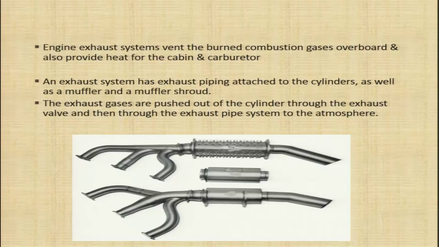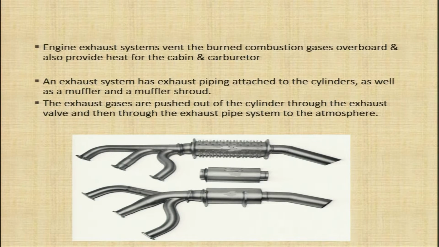Engine exhaust systems vent the burnt combustion gases overboard and also provide heat for the cabin and carburetor. So, the exhaust systems do not only vent out the burned combustion gases, but they also provide heat for the cabin and the carburetor, for providing cabin heating and for heating the carburetor or the fuel metering system.